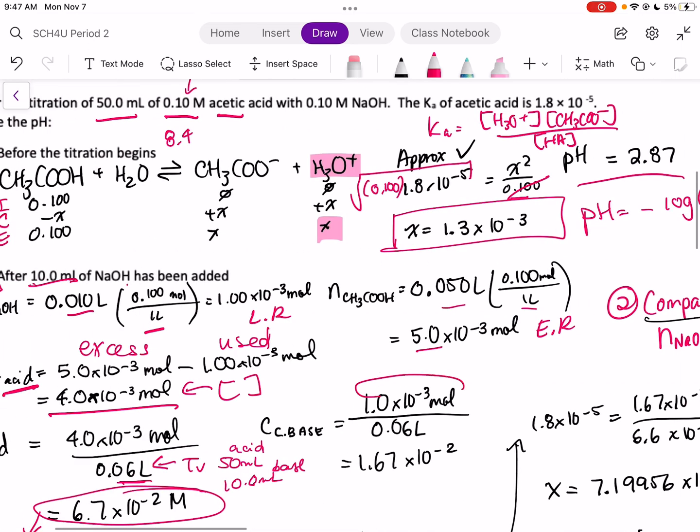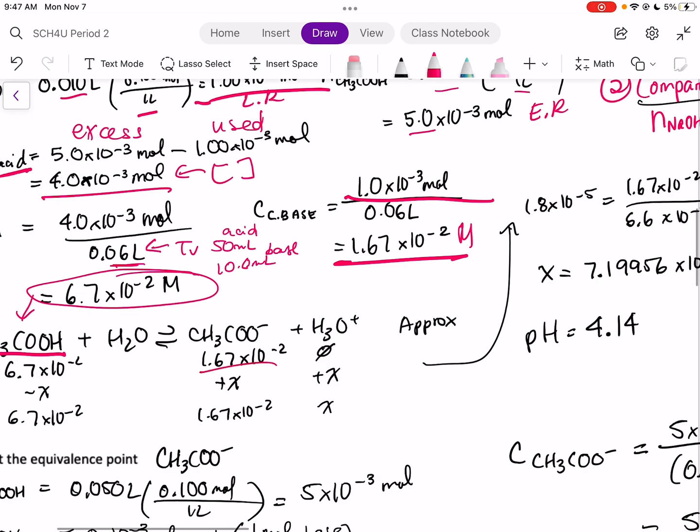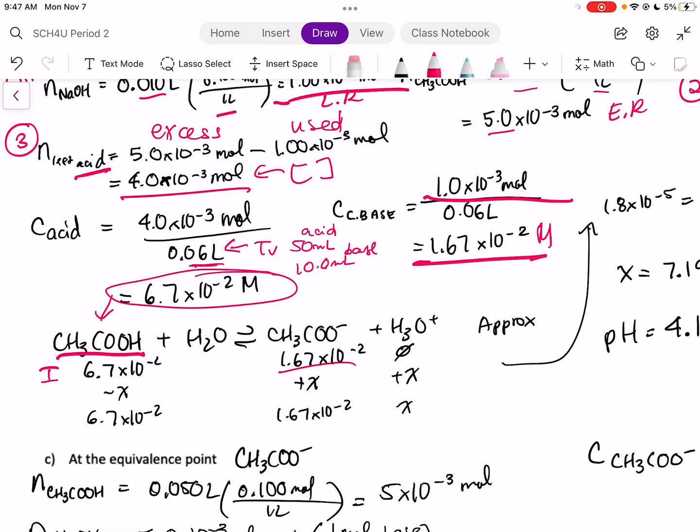So I have this amount from how much I put in from the 10 milliliters. I'm dividing by my total volume to get this amount. I can put that right into my ice table because I have some because I put in my strong base.